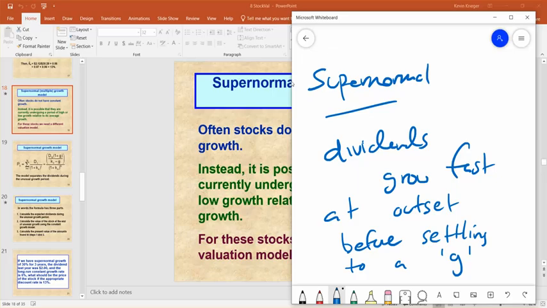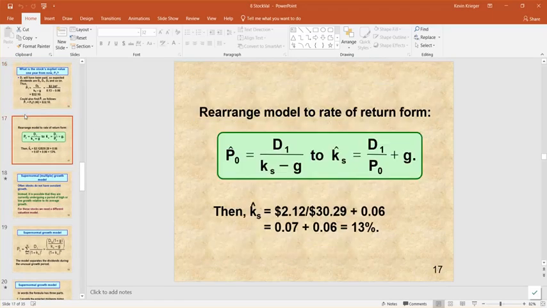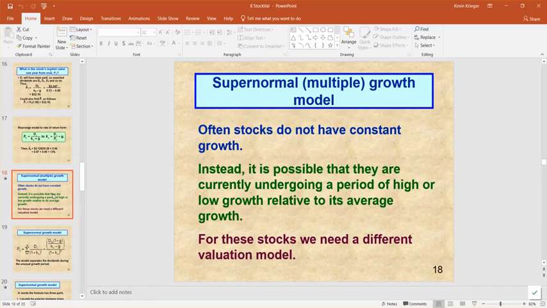Well, the problem with that in terms of doing the valuation math is you can't use our shortcut here. You cannot use this shortcut to get the value today unless you have a constant g right off the bat. Well, what if that's not the case? What if you have a supernormal instance?